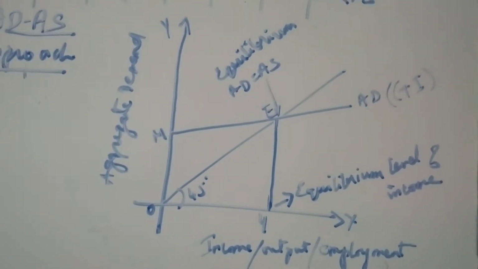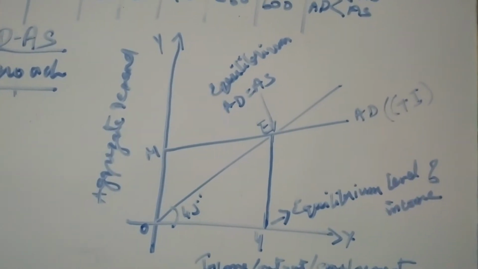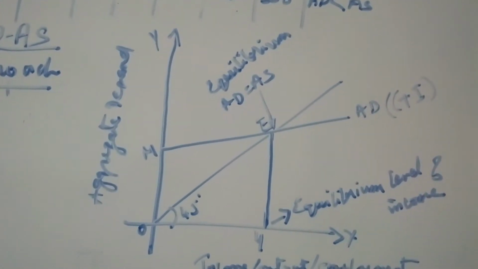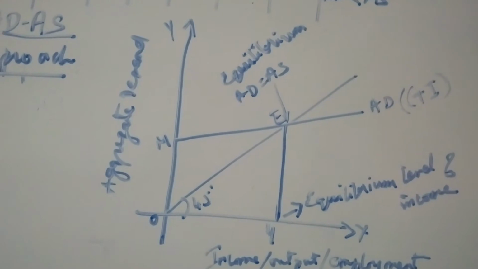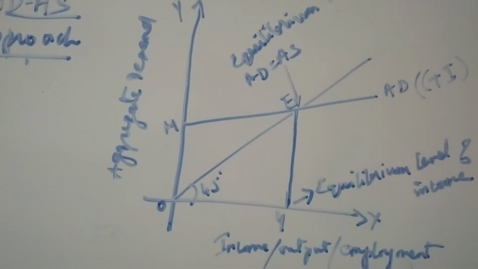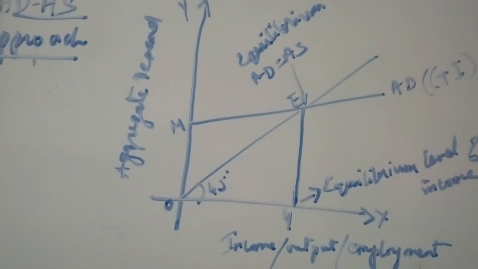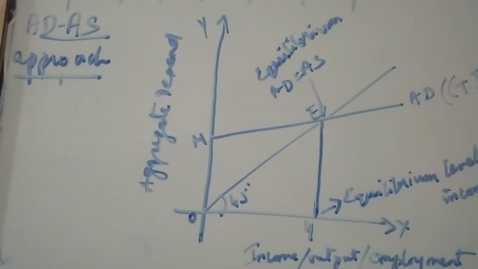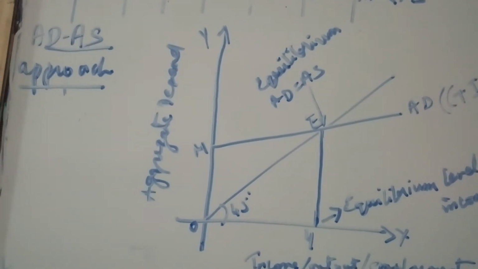Then on the y-axis, aggregate demand. Then you find the C plus I, that is aggregate demand, that shows the desired level of expenditure by consumers and firms corresponding to each level of income.